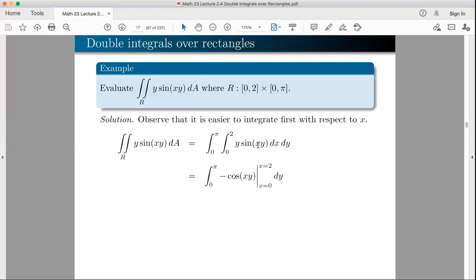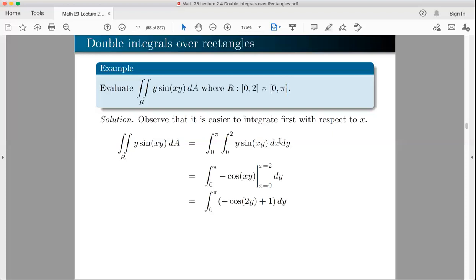We let u be xy, so du will be y dx, and that accounts for the y dx there. And so you will get a sine u. The antiderivative for sine u is negative cosine u, and that is negative cosine xy, evaluated from x equals 0 to x equals 2. After evaluating, we have this result here.